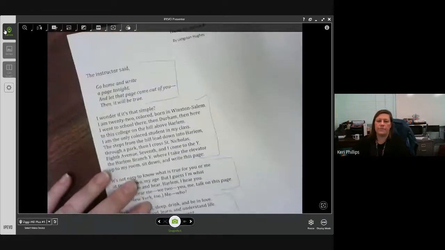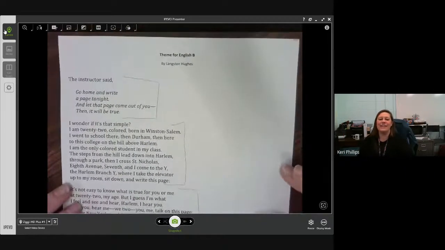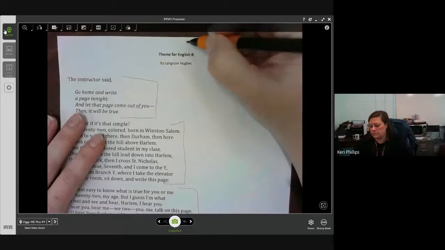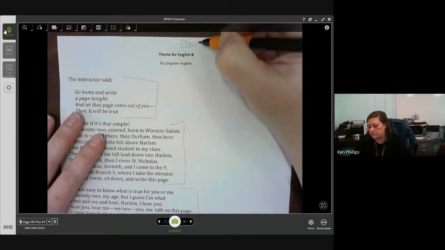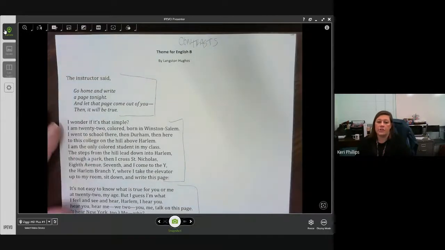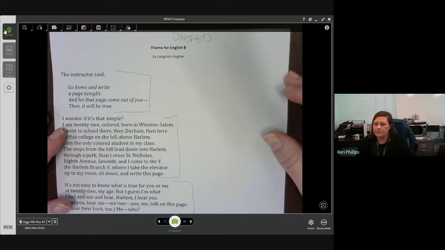So, just off the bat, if we were going to talk about contrasts, what's the main contrast here? Should be pretty obvious. What's the main contrast? Do you need a clue?